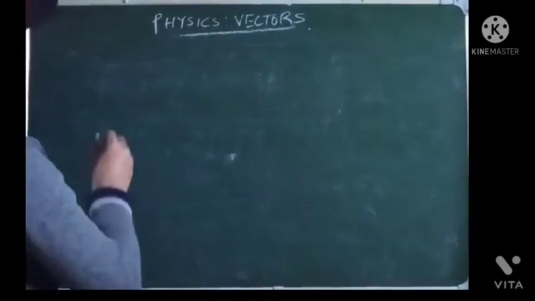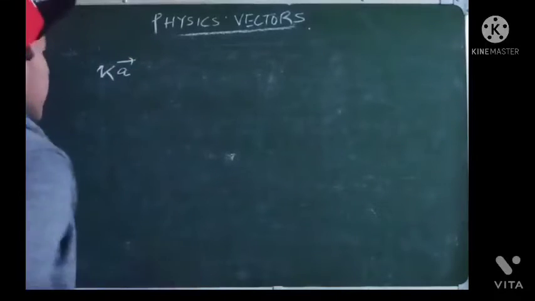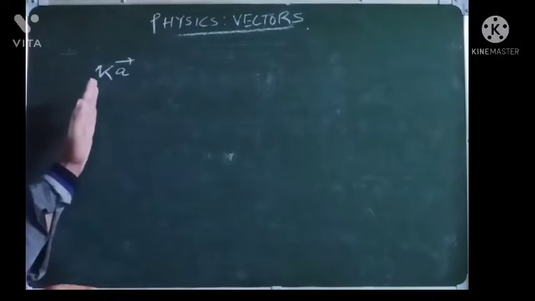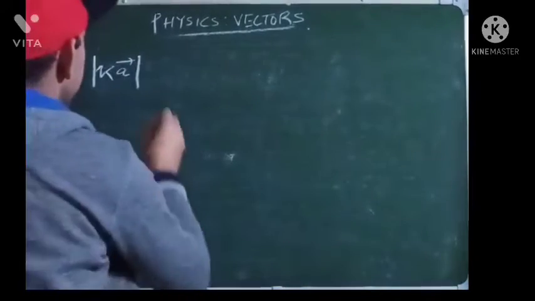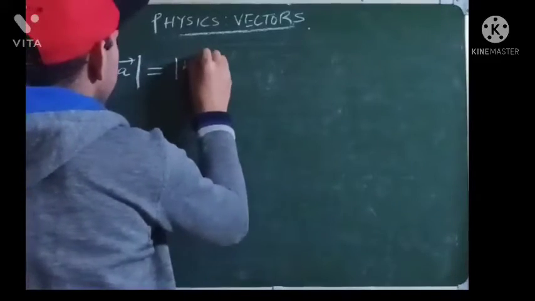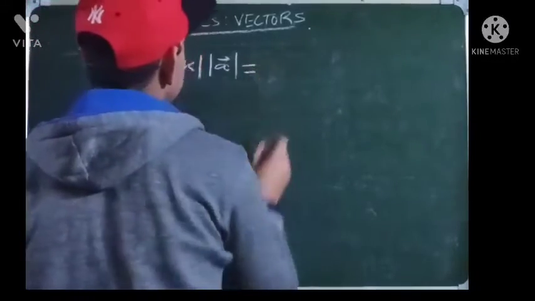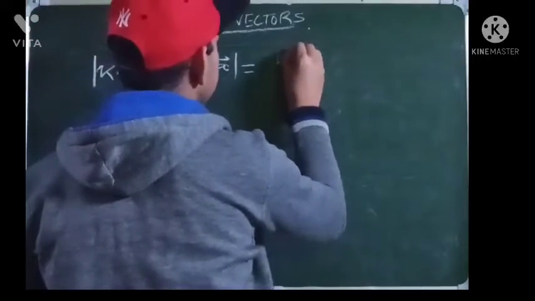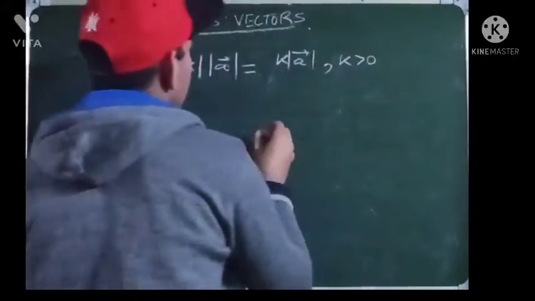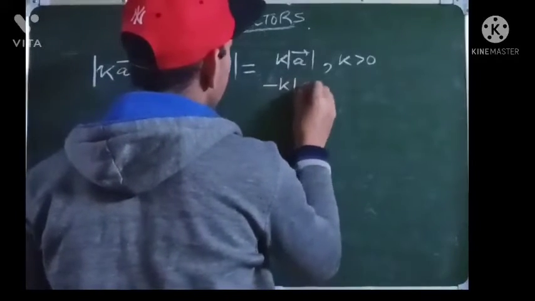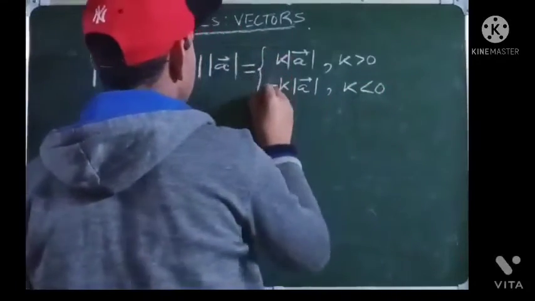We can also represent it as k A vector. Now, if we are to find the magnitude of this vector, we can write the magnitude of k A vector as the magnitude of k multiplied with the magnitude of A vector, and it can be further written as k times the magnitude of A vector if k is greater than 0, or minus k times mod of A vector if k is less than 0.